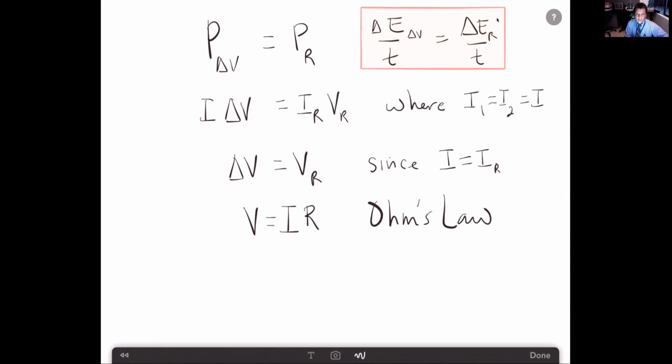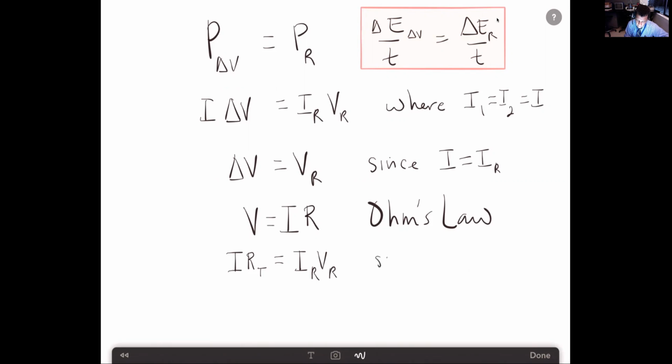So delta V is actually I, the current going through the circuit, times the total resistance of the circuit. And VR is just I, the current going through the resistor, times the resistance.